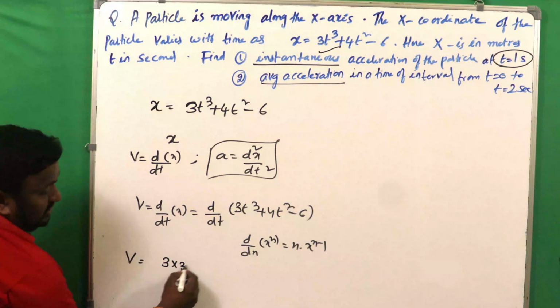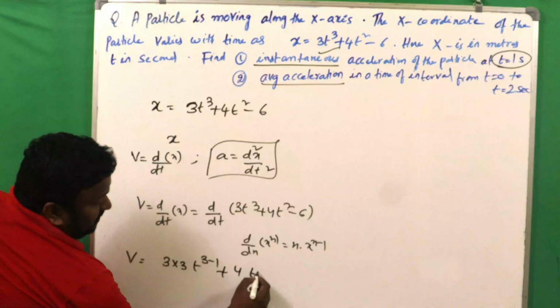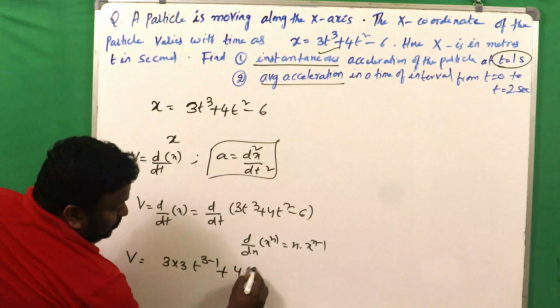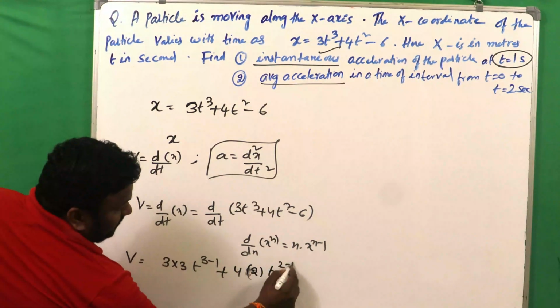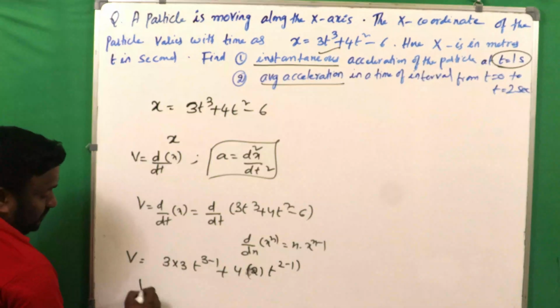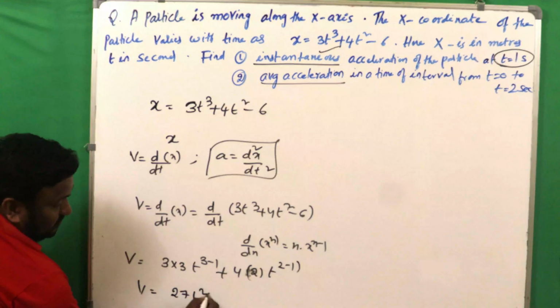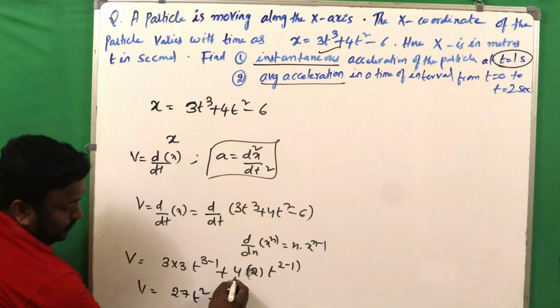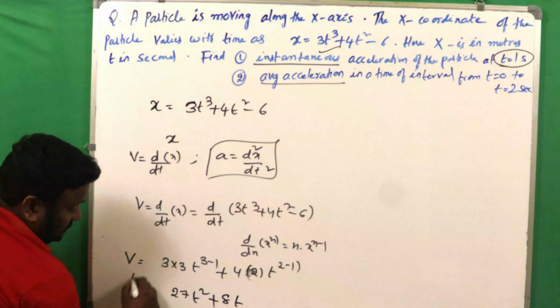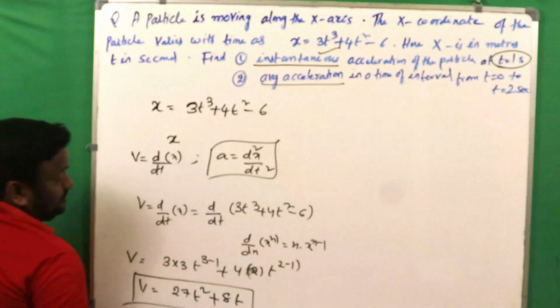Then v is equal to 3 into 3 t^(3−1) plus 4 into 2 into t^(2−1), and it is a constant, so there is no differentiation. Then v = 9t² + 8t.